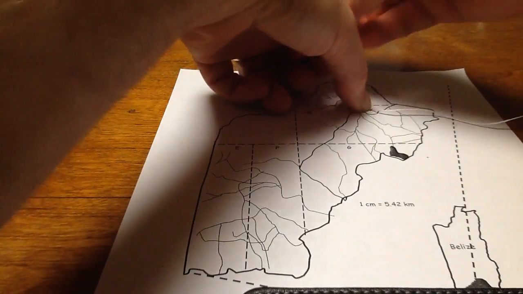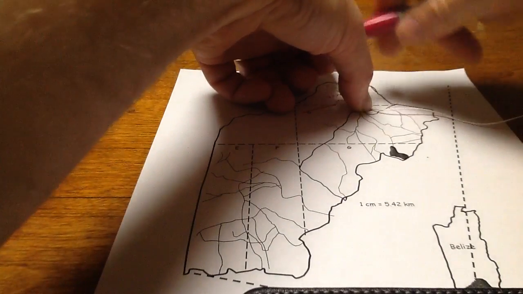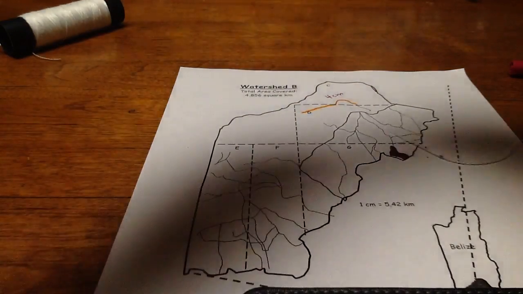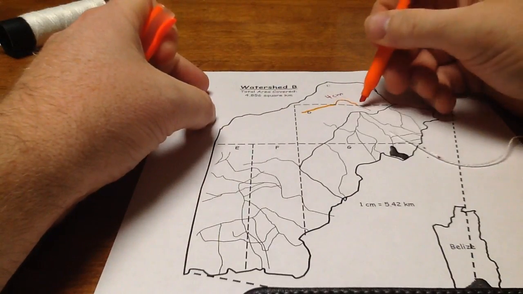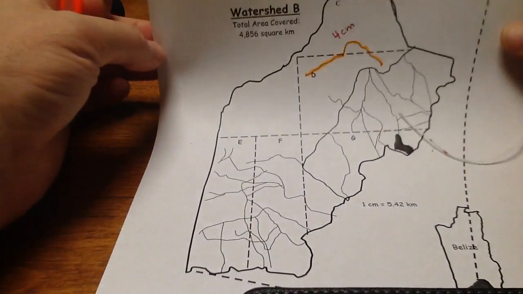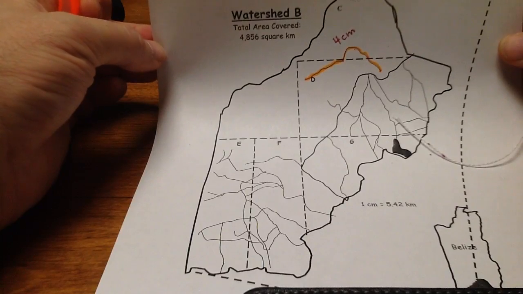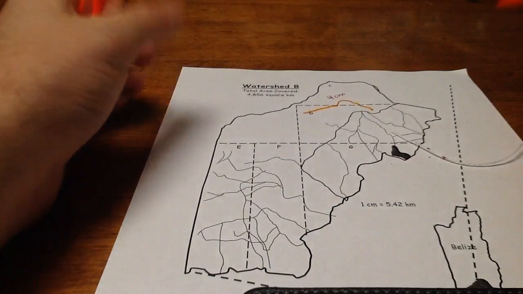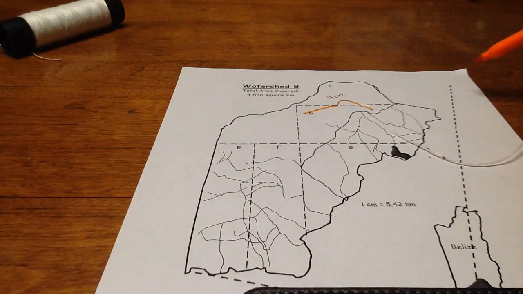Now sometimes these markers begin to dry out, so it's good to keep them closed. And again, highlight that section that has already been measured. So now we can see exactly what we've measured. Each person will need to take a different section.